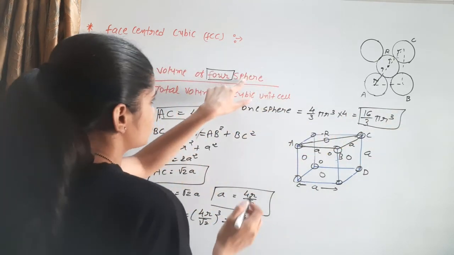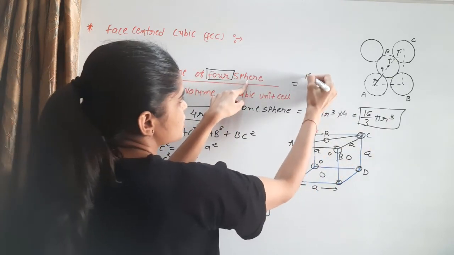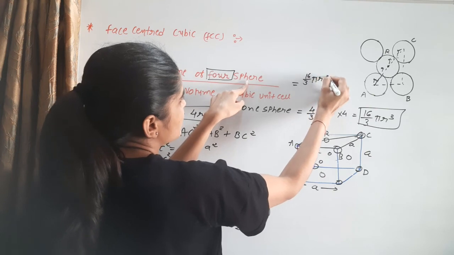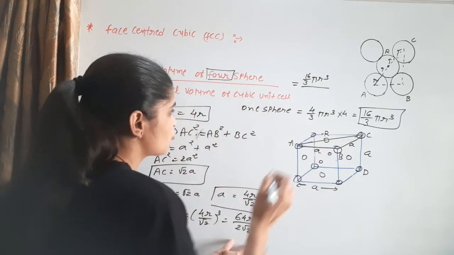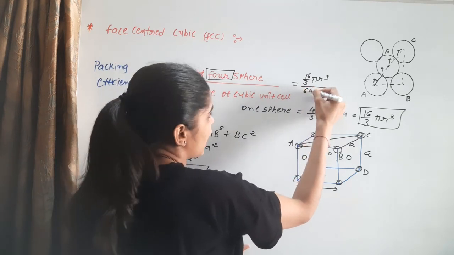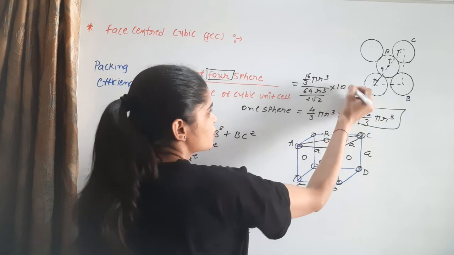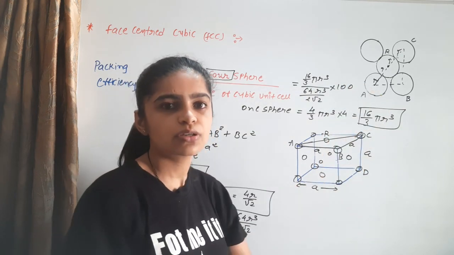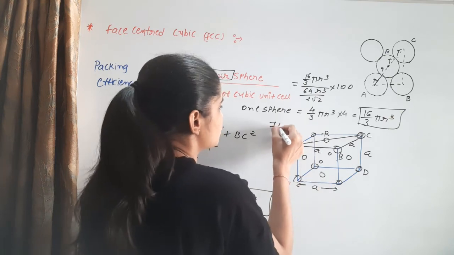Put these two values in this. Volume of 4 spheres, 16 by 3 pi r cube, divided by total volume of the cubic unit cell, 64 r cube by 2 root 2, into multiplication of 100 gives the percentage efficiency of the FCC. And its answer is 74%.